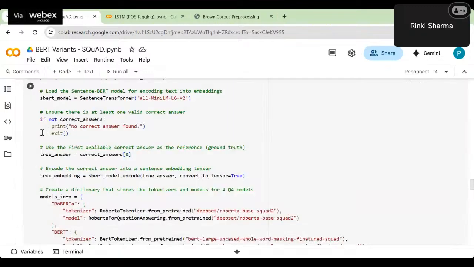Now, in this particular part, we enable dropout. We chose a dropout rate of 0.1, that is 10%. We put 10% of the weights, or say neurons, of the model to 0 during the inference part.